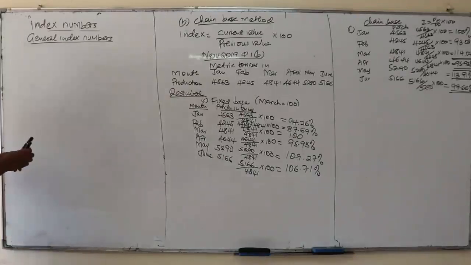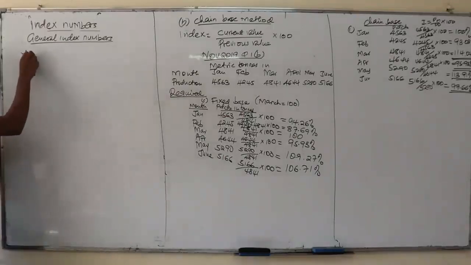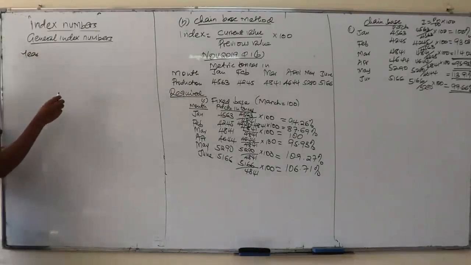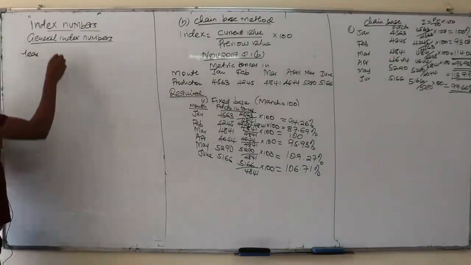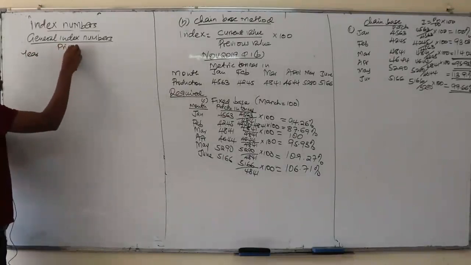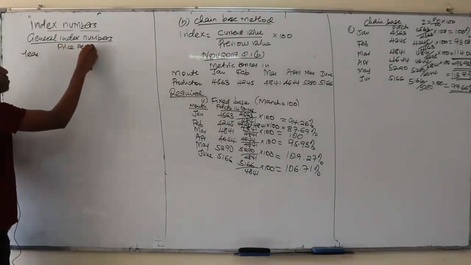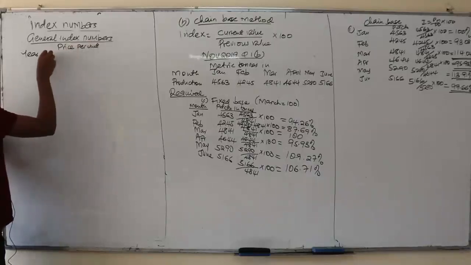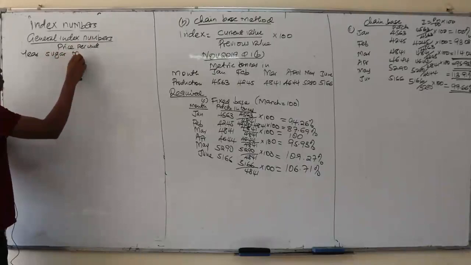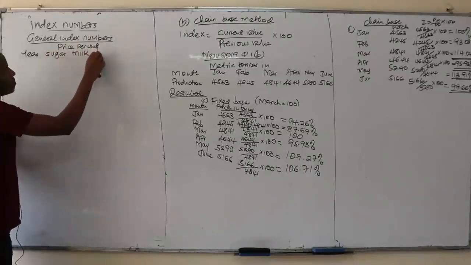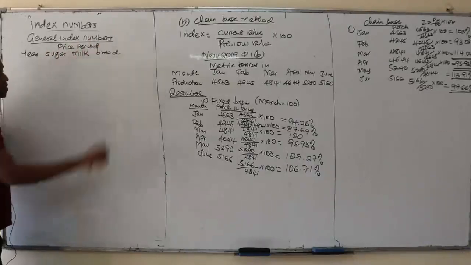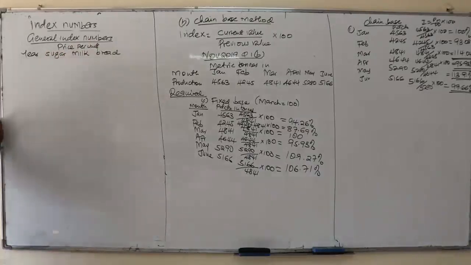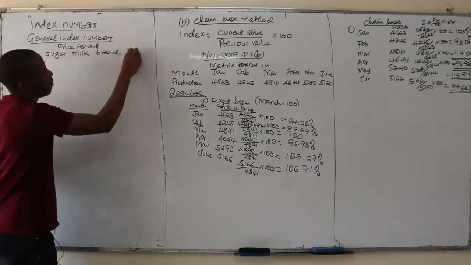In this case, I will write the prices per unit. I can have sugar, milk, bread, and flour.